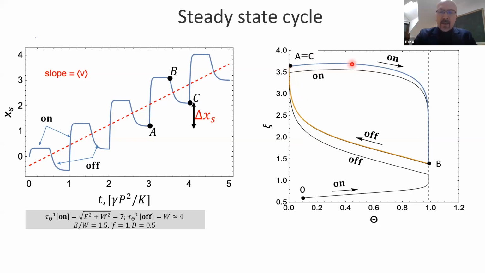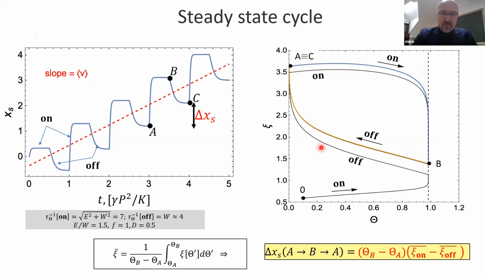It turns out that the net displacement delta x is given by the area enclosed by this orbit, right? So we can define the psi average of the on branch and the average of the off branch. If you define psi average over theta, we can express net displacement as this simple product: the range of background angles from theta b to theta a.